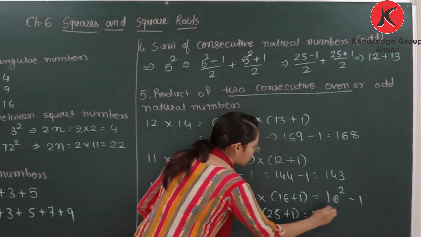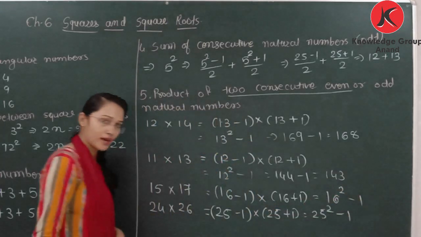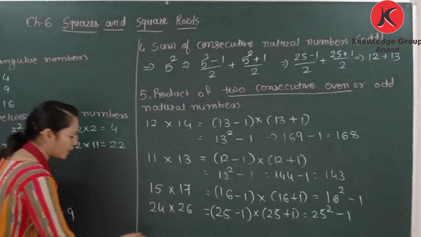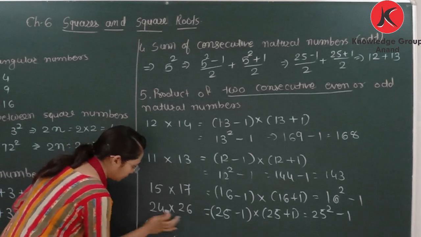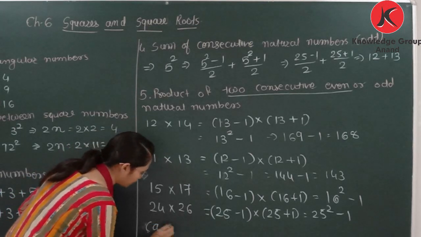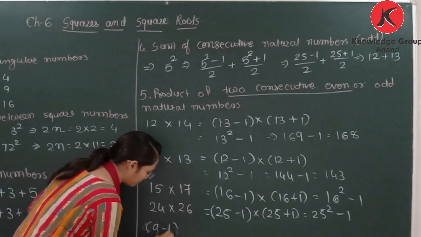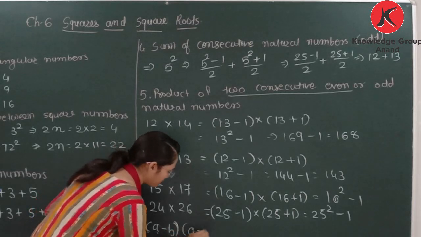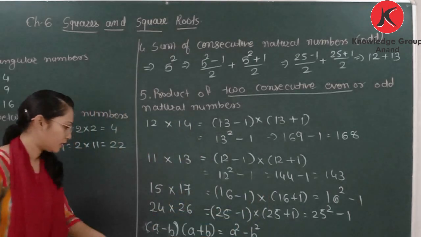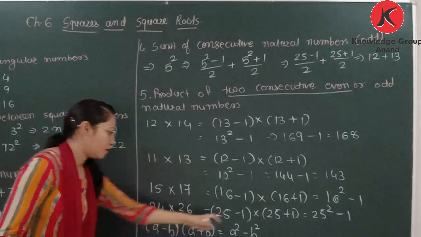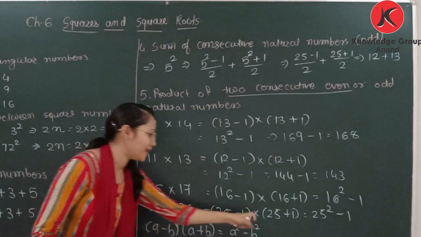So it is 25 square minus 1. So in general, you can write this as (a minus b) into (a plus b).